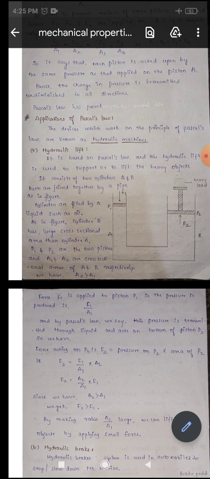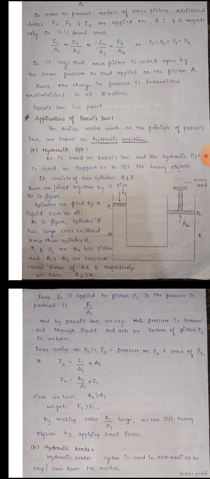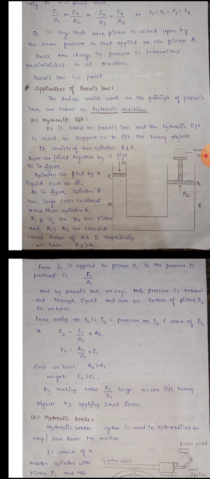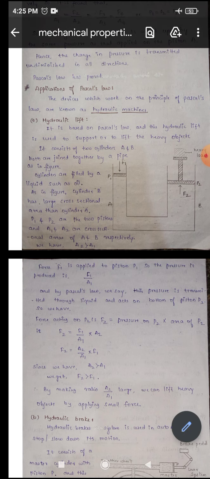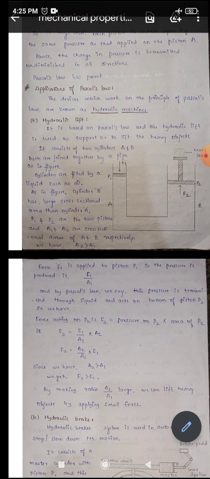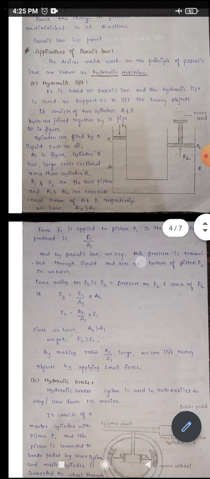And A1 and A2 are the cross-sectional areas of A and B. By this figure we can see that the area of B, that is A2, is greater than the area of A, that is A1.